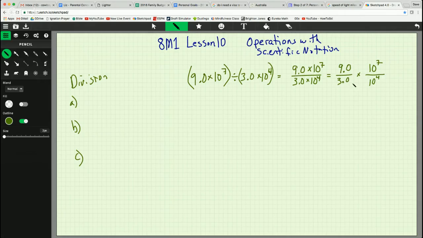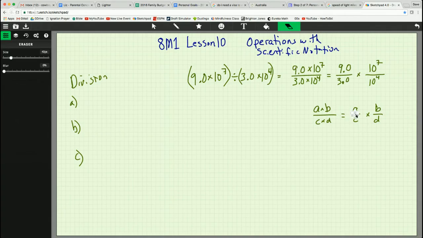And why is that? You can convince yourself that that's the same because it's easy to go from all of this to that. Basically what we're saying is A times B over C times D is the same thing as A over C times B over D, and those rules we learned in 7th grade.